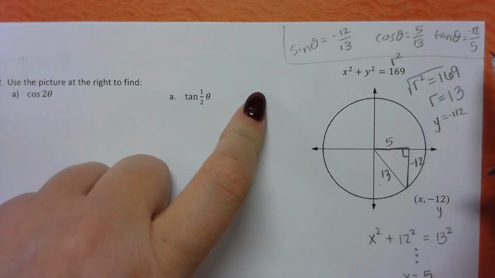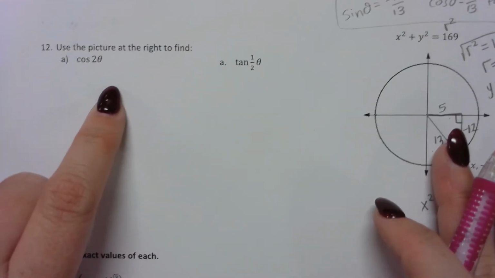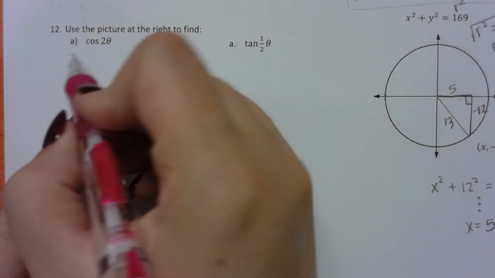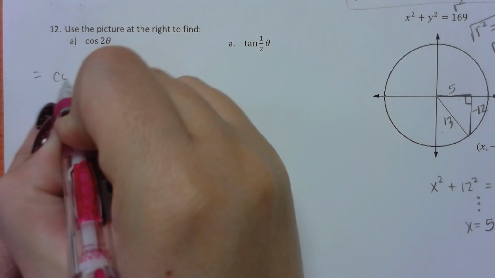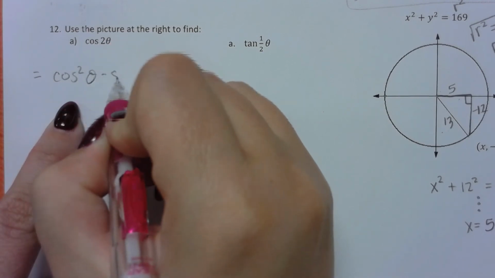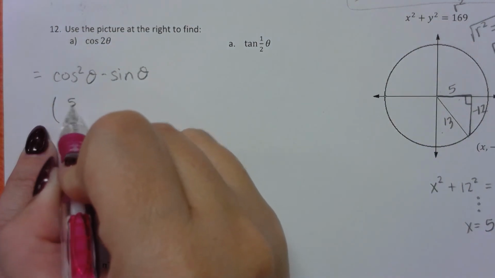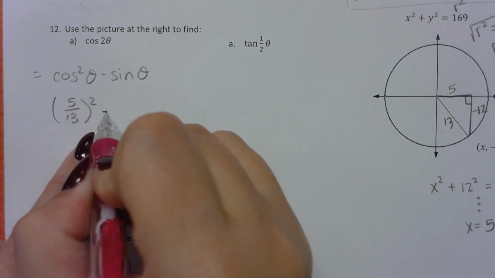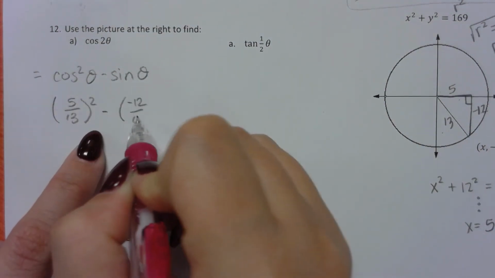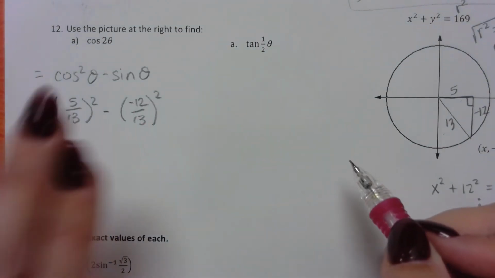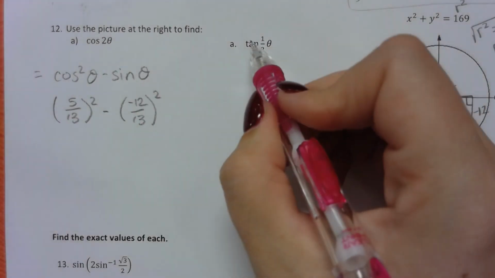So now that we know all of this, we can do the same thing that we were doing earlier. Cosine of 2 theta is cosine squared minus sine squared. So we would plug in 5 over 13 squared minus negative 12 over 13 squared. Finish that problem on your own.